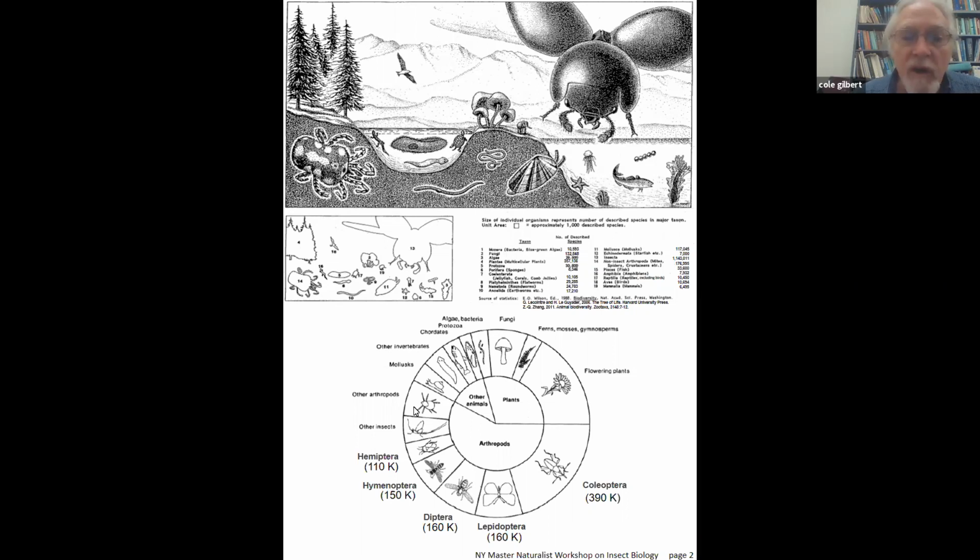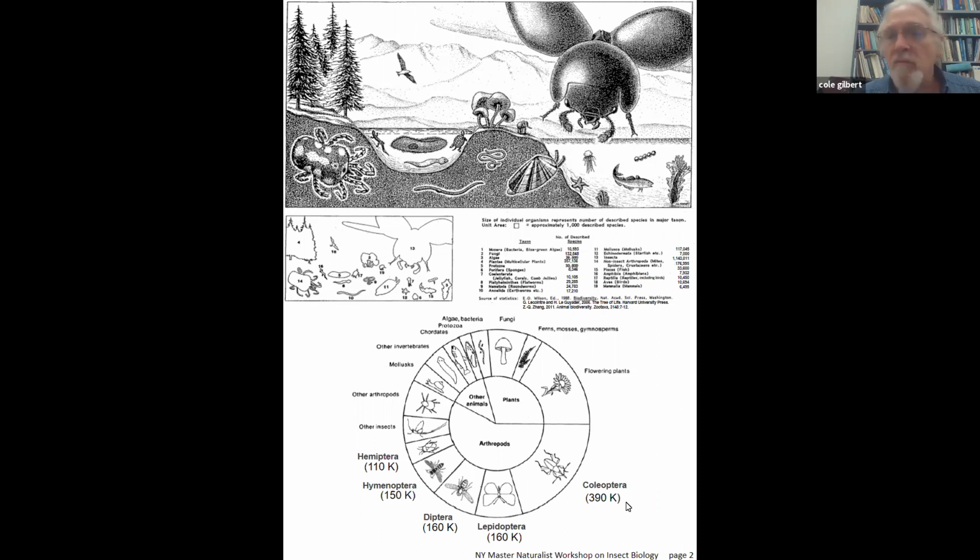And if we take out the other arthropods, we've got even more than half of the known species are insects. And we'll start over here from kind of the 3 o'clock range. The biggest group of insects is beetles, and that's the biggest thing up here. Very successful body plan.